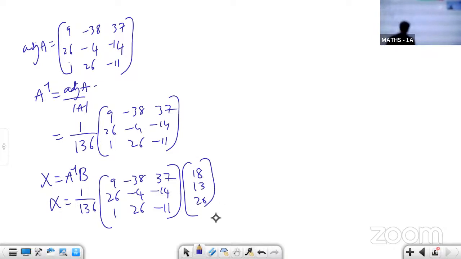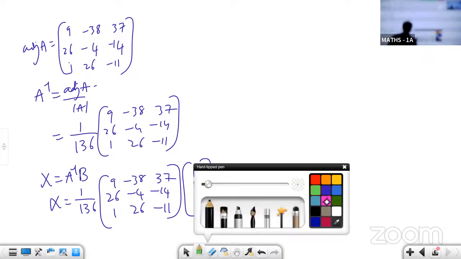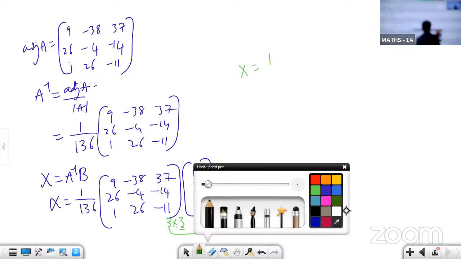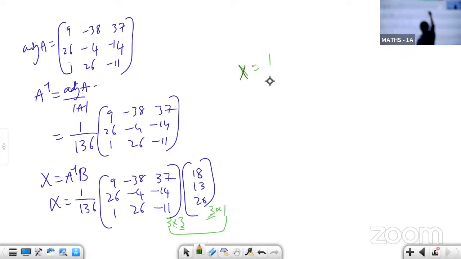Sir, is matrix multiplication possible? Yes, it is possible. How? What is the order of this matrix? 3 by 3. What is the order of this matrix? 3 by 1. So, your number of columns is equal to number of rows. The resultant matrix will be 3 by 1. Correct? No? So, capital X is equal to 1 by 136. Now, first row with one column.